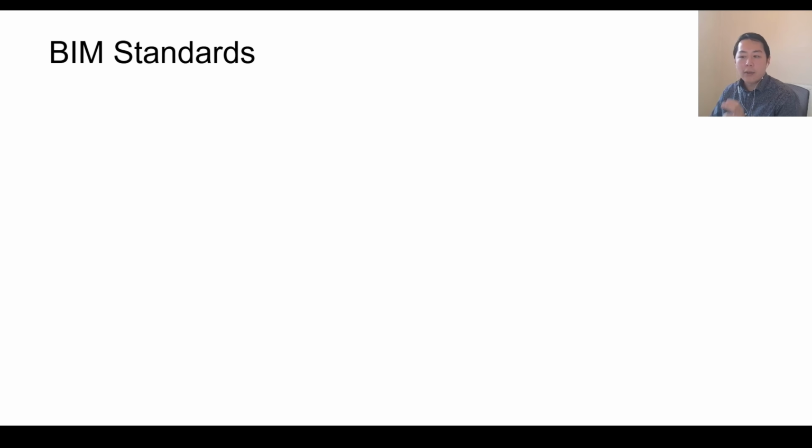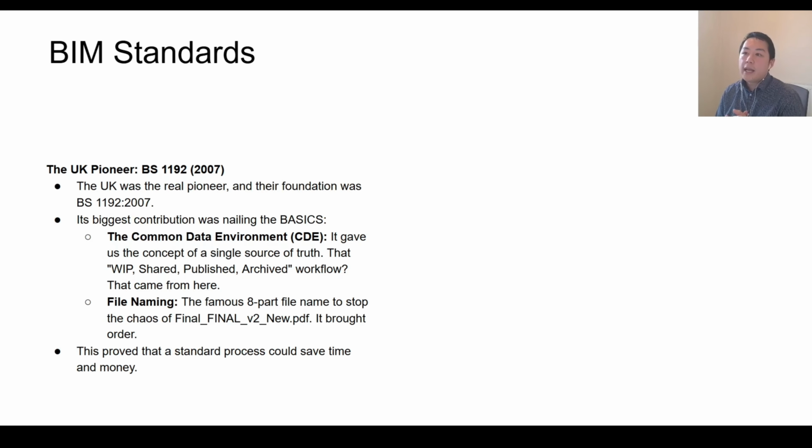So that 8-part file name could be something like, for example, 1, 2, 3, 4, 5, 6 dash ABC dash XX dash ZZ dash 01 dash BCA dash 0001. That is the kind of file name that was stipulated in the standard, which helps us have a common criteria when it comes to naming files and documents. So that's all derived from the BS 1192 back in 2007.